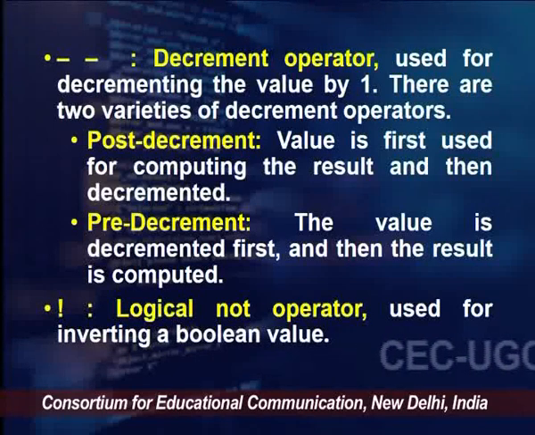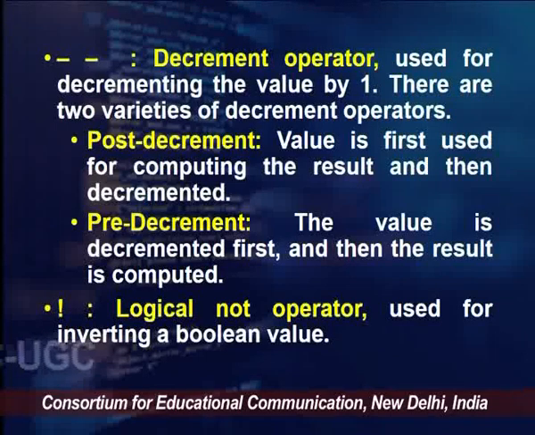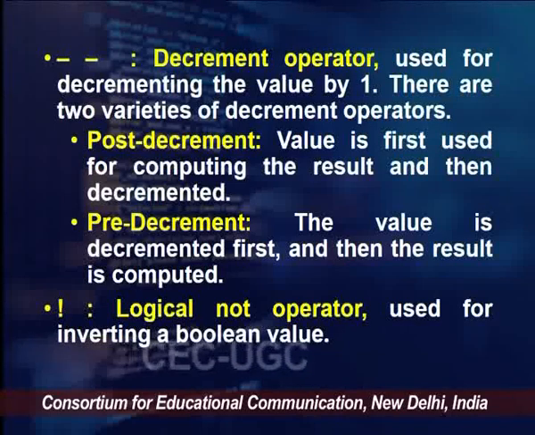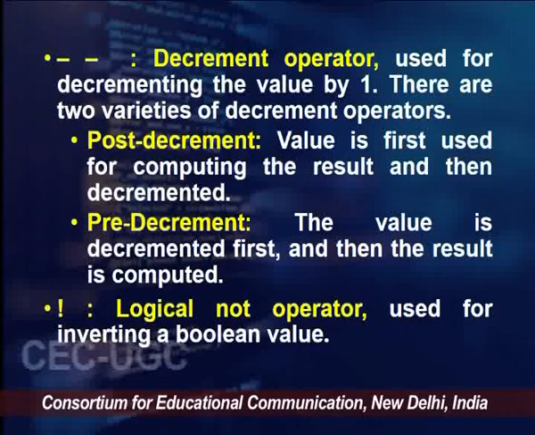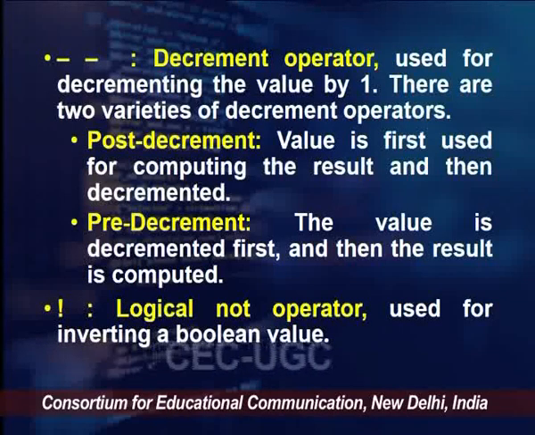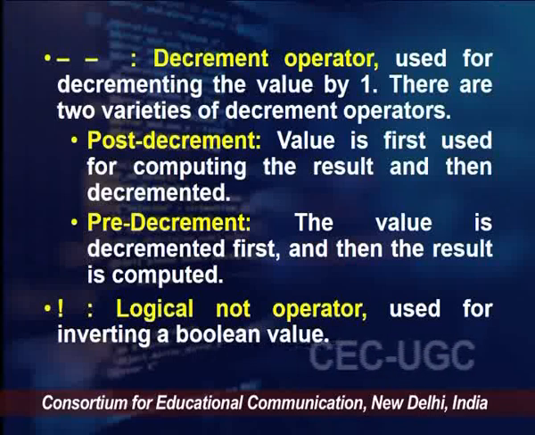So, in unary operators we have seen unary plus, unary minus, then the increment operator with its two versions, post increment and pre increment. Similarly, the decrement operators with their post and pre versions. Apart from this, one more unary operator is present, which is denoted by an exclamation sign, and this is known as the logical not operator.